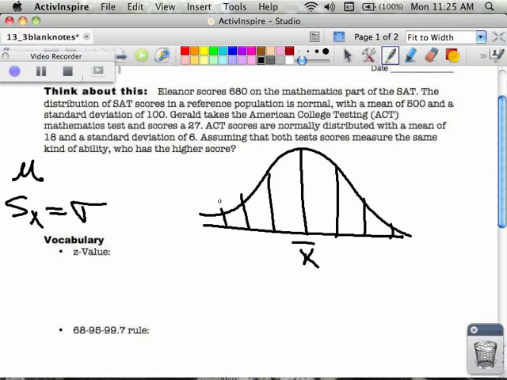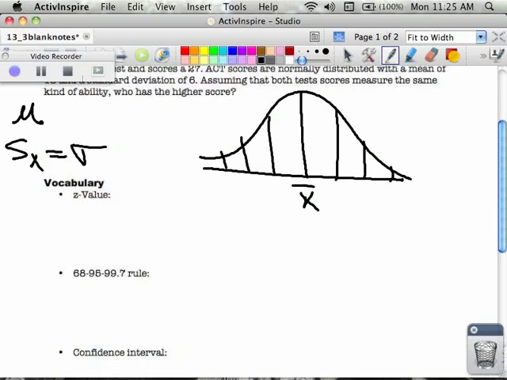And when we talk about these certain things, like for example, if I talked about those sophomore girls, and I told you, hey, the average height of a sophomore girl is 5 foot 5 inches. I could write that down as my mean. 5 foot 5 inches. And then if I told you the standard deviation was 2 inches, that means that the next spot on this normal distribution would be 5 foot 7 inches.